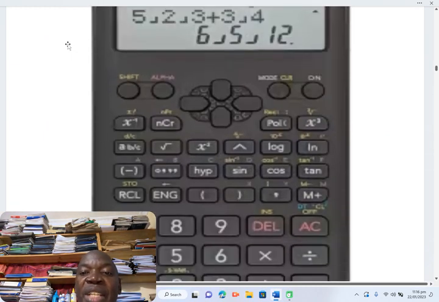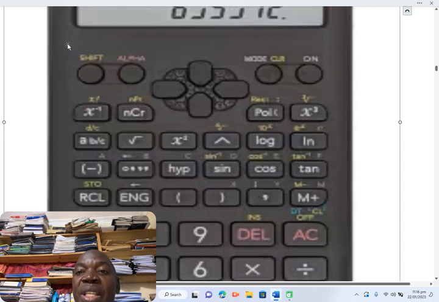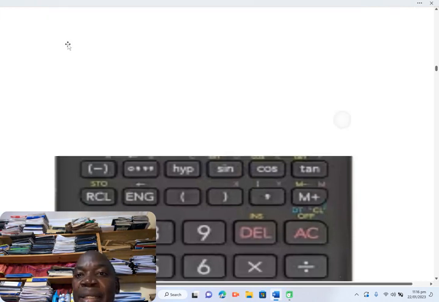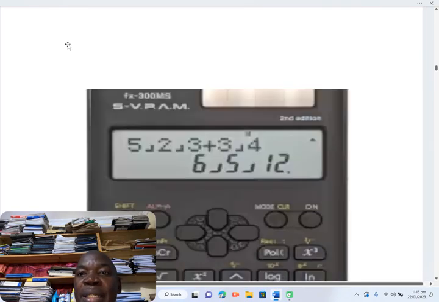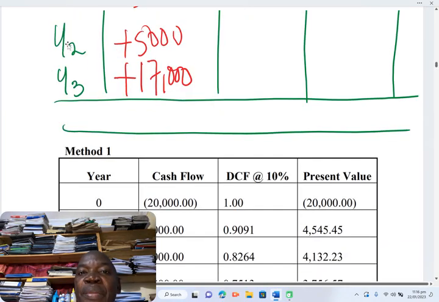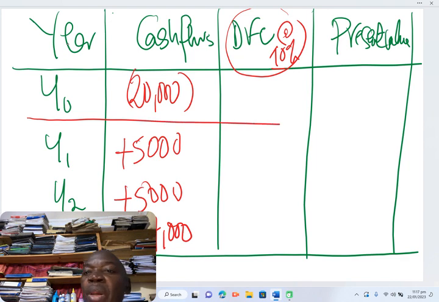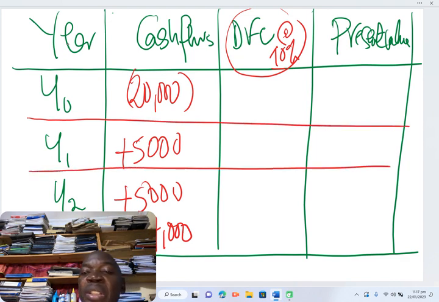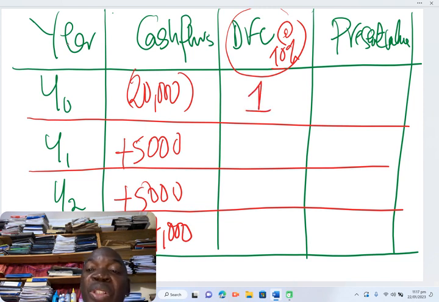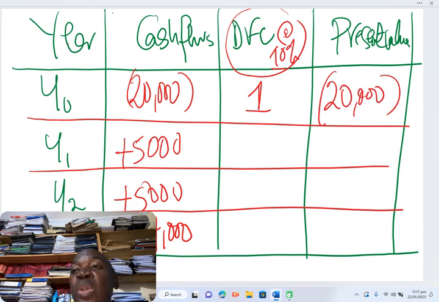This is a calculator that you have, so you can use it to get these rates easily. Let us see first this demarcation as we go. So year 0, automatically the discounting factor is 1. So you don't need to compute: 1 times 20,000 gives 20,000 as the initial investment.